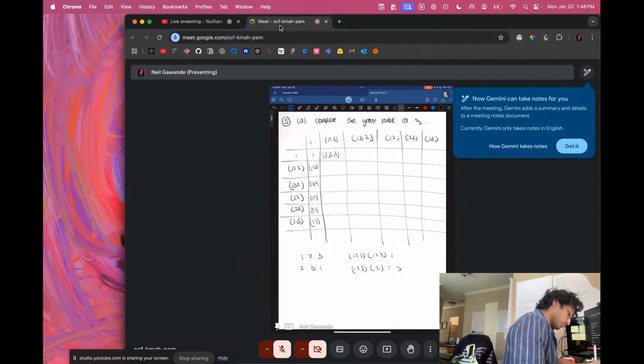Okay, I'm seeing confusing syntax. If I put 1, it gets mapped to 3.